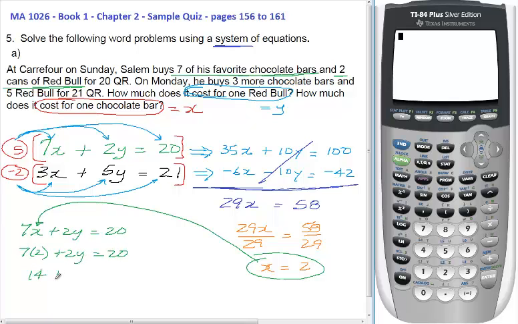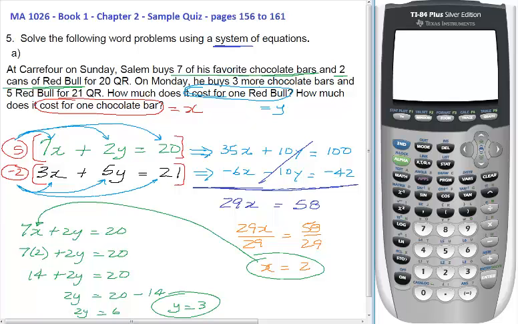That's 14 plus 2y equals 20. Subtract 14 from both sides. 2y equals 6. Divide each side by 2. And y equals 3. So it looks like we have 3 reals for the Red Bull and 2 reals for the chocolate bar.